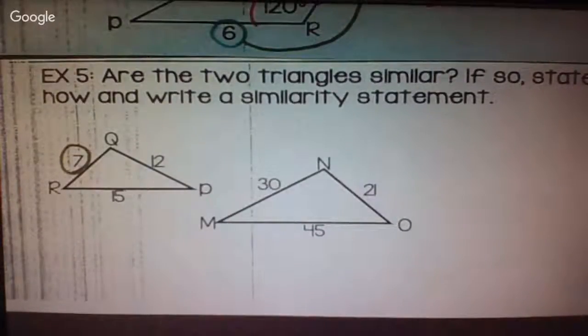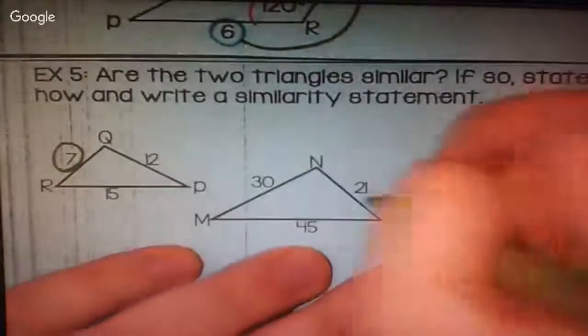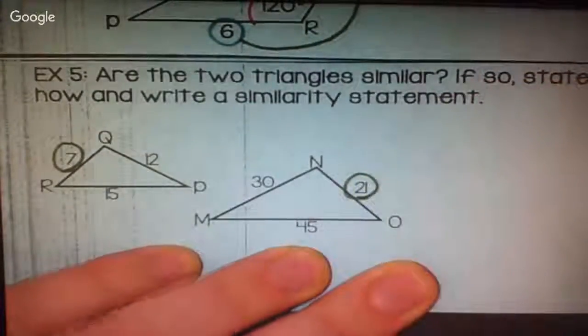But they don't tell you that, so how do I know that 7 goes with 21? That's the shorter one, and the other one's the longer one. If you take a look at the first triangle, you've got 7, 12, and 15. So 7 is your smallest side, which means it should match up with the smallest side on the other triangle. Okay, so you've got 21, 30, and 45. So your smallest one on this one is 21.